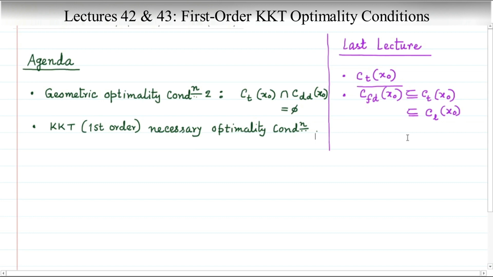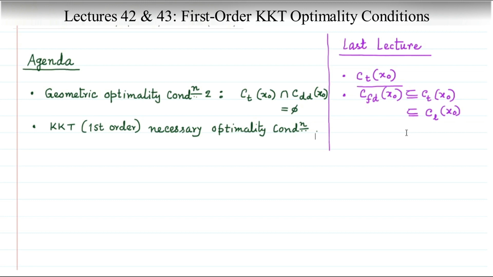Then I was thinking to give the geometric optimality condition in the last day's lecture. Time was not there, so we shall continue today's lecture with the geometric optimality condition 2, in which we will observe that it is in fact a necessary optimality condition.